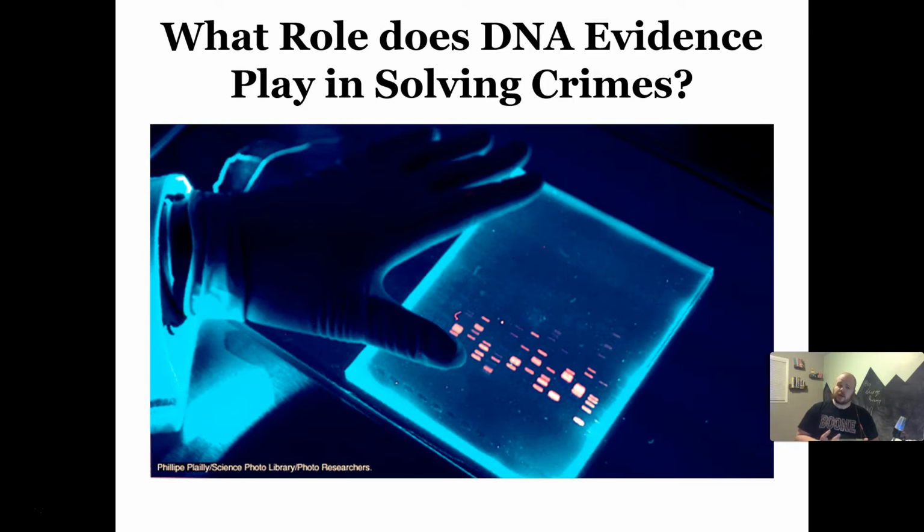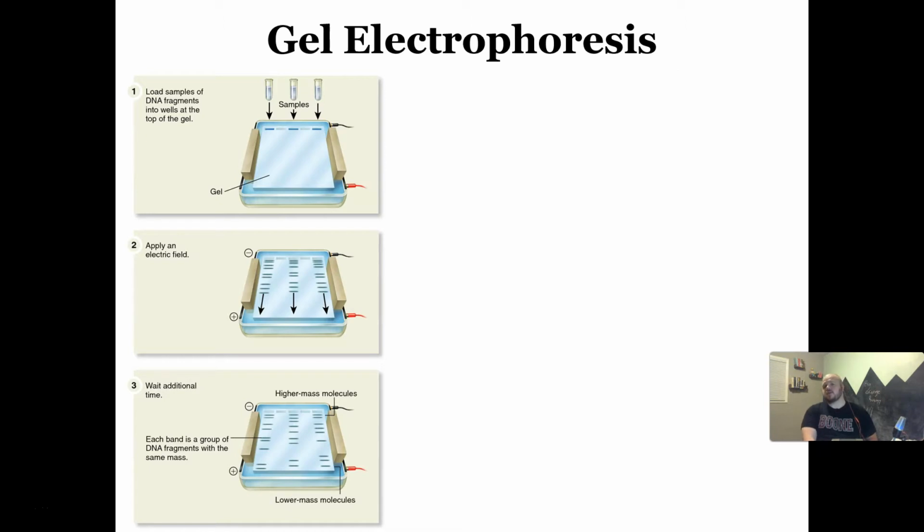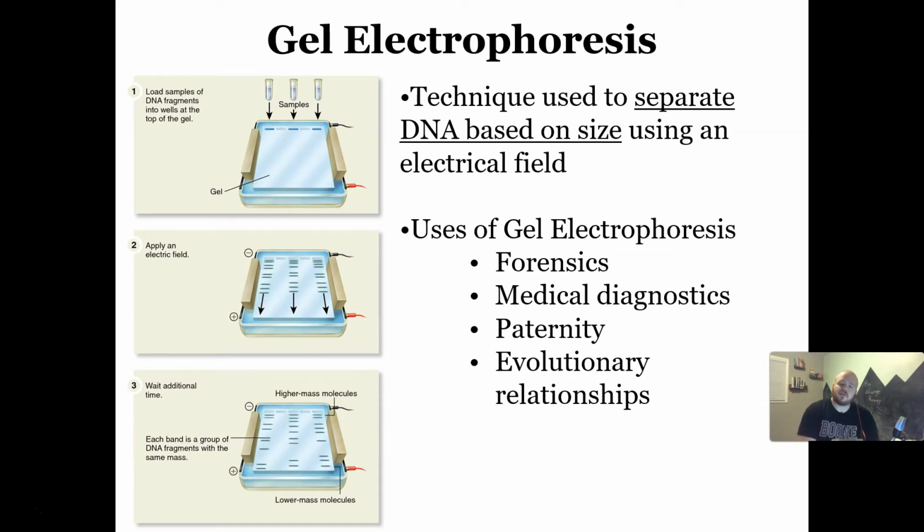So we're going to talk about how you can use DNA evidence in a crime scene investigation and most other things. The primary way you use DNA evidence is gel electrophoresis, a technique for separating DNA based on size using an electrical field. It's all based on the basic understanding that DNA is a negatively charged particle.